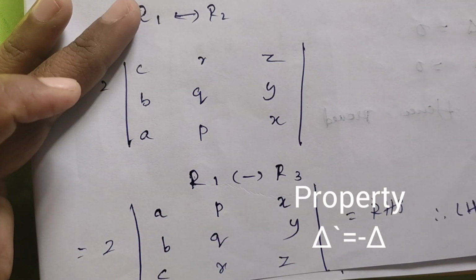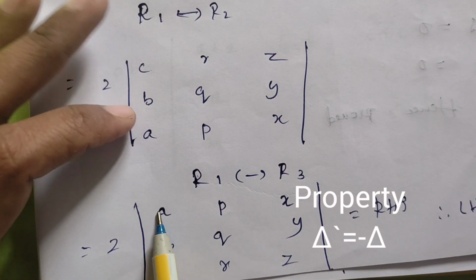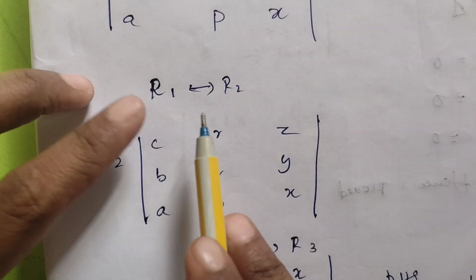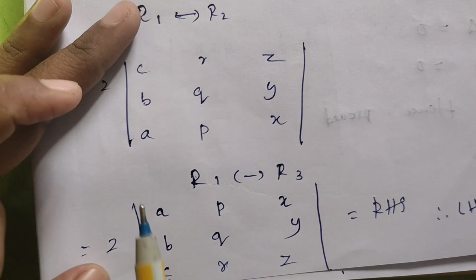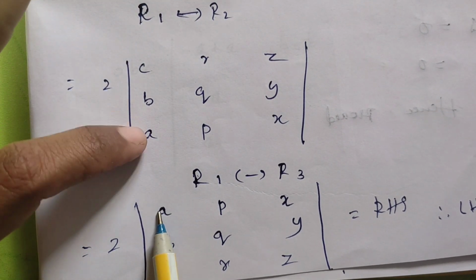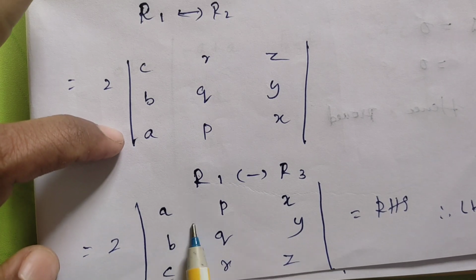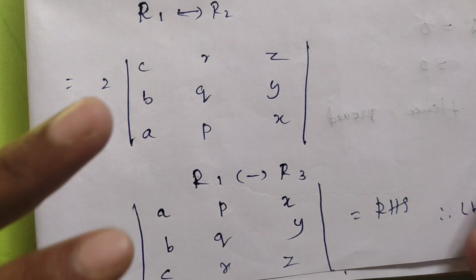Again, by the property, you get one more minus, so minus into minus becomes plus. When I do so, I get A, P, X, B, Q, Y, C, R, Z, 2 into this. So I have taken the LHS and proved the RHS.